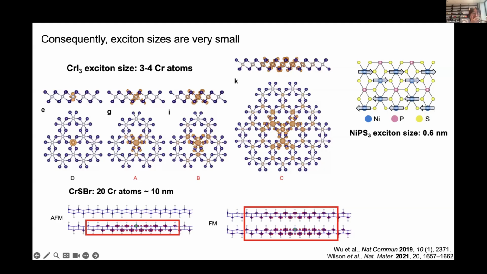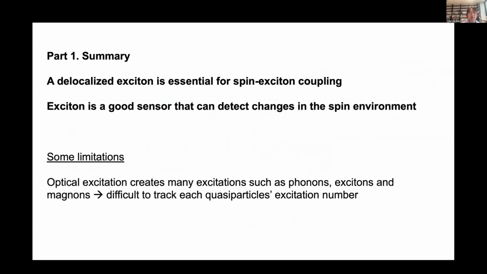So we really understood that we need not only a magnetic semiconducting system, but also highly dispersive bands or highly delocalized excitons to have this kind of spin exciton coupling that we were really excited about for chromium sulfur bromide.